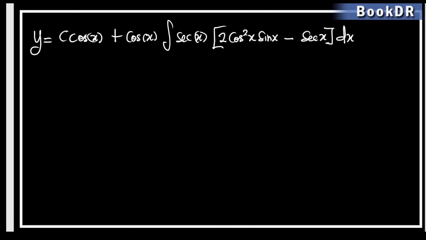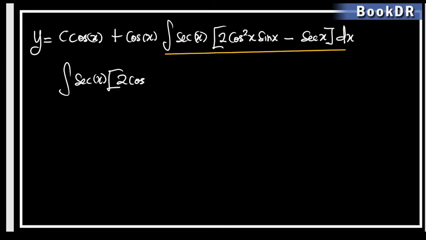Let's pick the integration portion and work that out. Then we'll come and substitute back. So we have the integration of sec x multiplying 2 cos²x sin x − sec x dx.